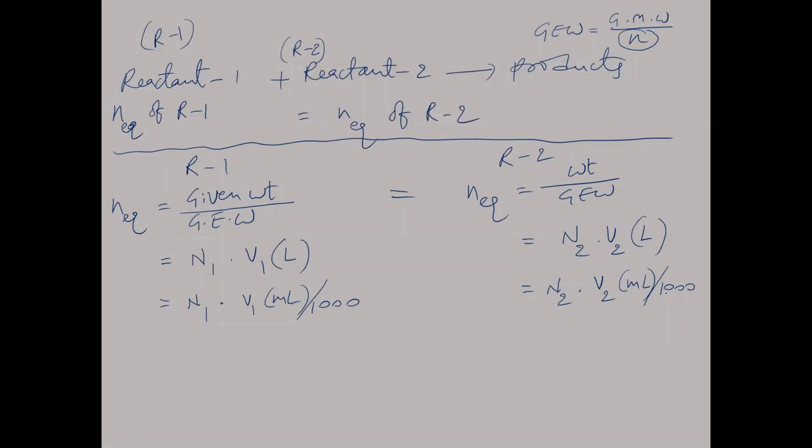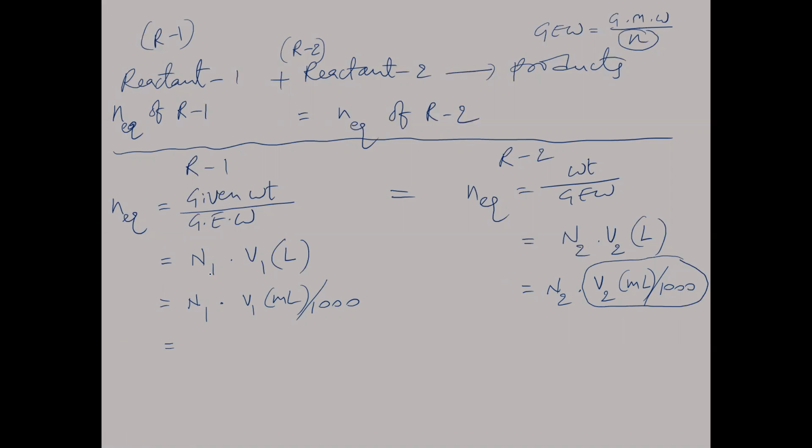Volume in ml divided by 1000 will give volume in liters. Most problems give volume in milliliters. So the number of equivalents of the first substance reacted is equal to the number of equivalents of the second substance.